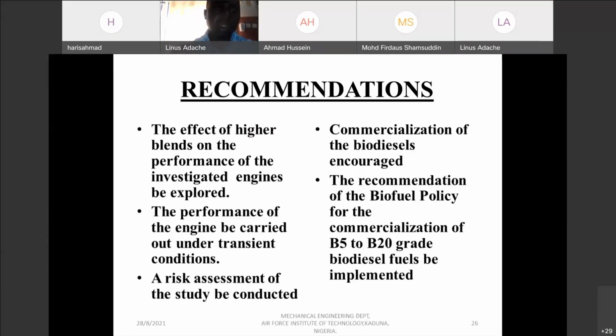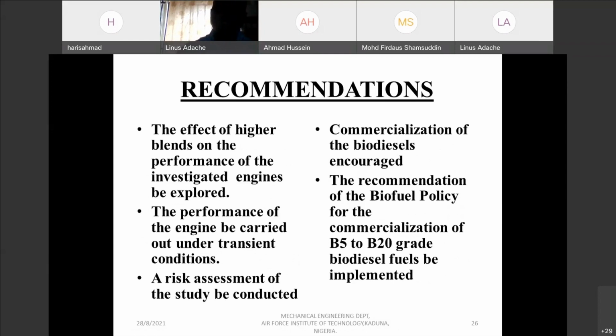Recommendation. The effect of higher blends on the performance of the investigated engine should be explored. The performance of the engine should be carried out under transient conditions. An assessment of the engine body should be conducted.